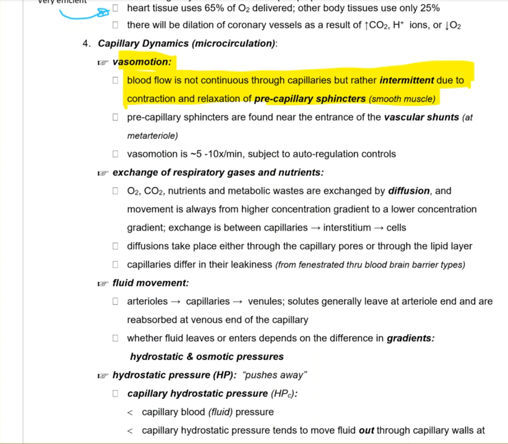So what often happens is about every few seconds or so, the sphincter will close and allow blood to go into that capillary bed and give its oxygen, pick up carbon dioxide, give its nutrients, pick up waste products, and then it will open again and new blood will rush in. And so this is called vasomotion. As it increases and decreases, those sphincters will close and open.